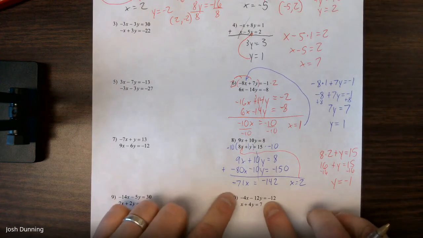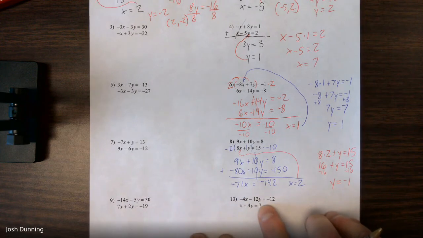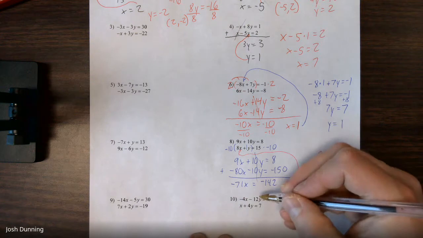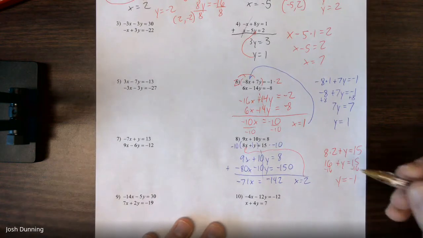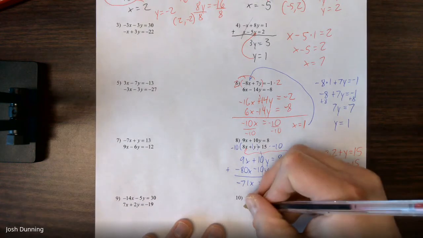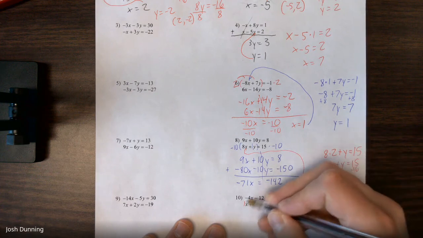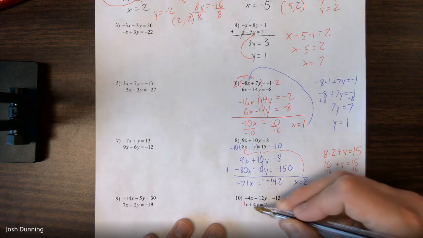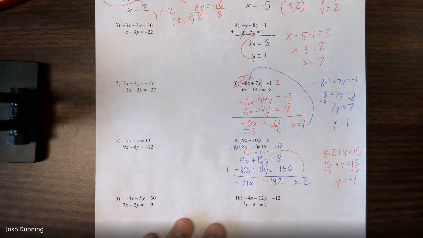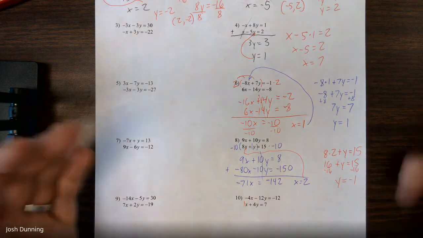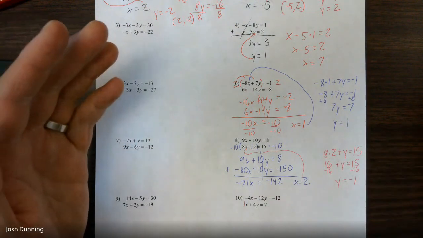Now, if we take a look at 10, either variable here isn't that bad. I can turn a 1 into a 4 easy, and we already have opposites. I could turn a 4 into a 12 pretty easy, and these are already opposites. It doesn't matter. I could do either one of those.